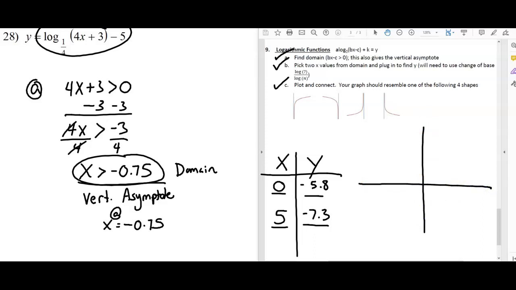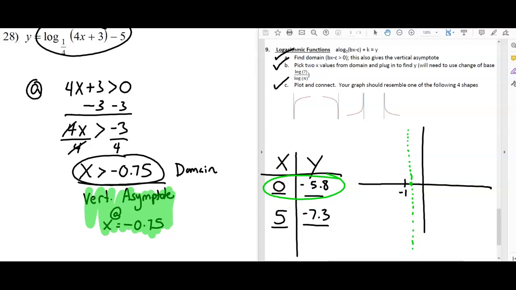All right, my vertical asymptote is negative 0.75. So if this is negative 1, then negative 0.75 would be right about here. That's my vertical asymptote. The next thing I'm going to do is plot these points. 0 and negative 5.8.